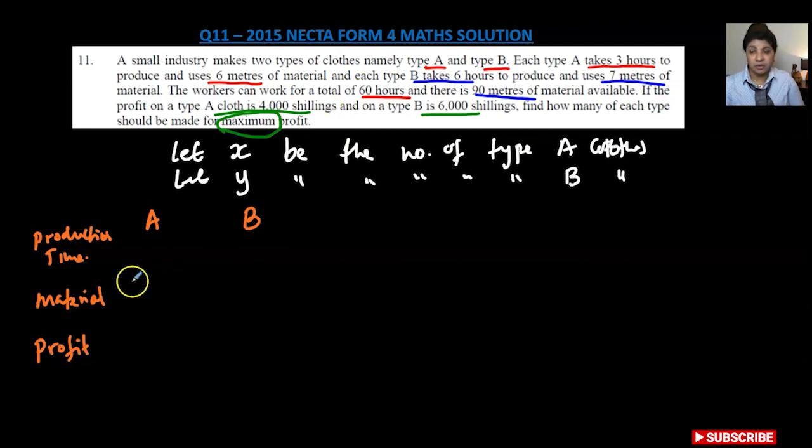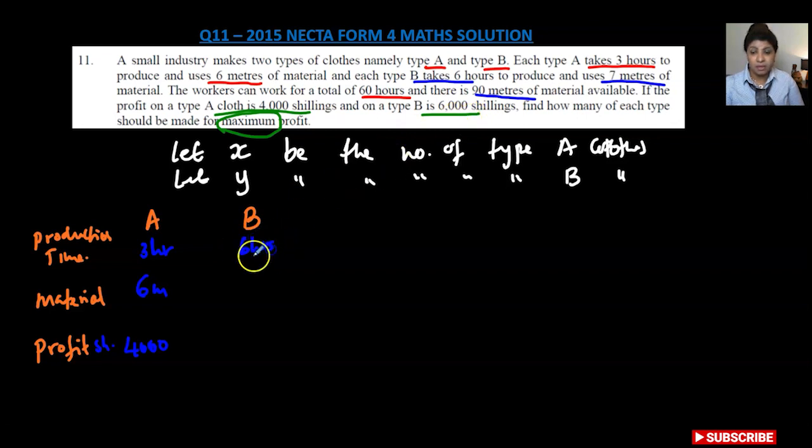For type A, it takes 3 hours to make, it uses 6 meters of material, and the profit for type A is 4,000 shillings. This is in shillings. Now let's go to type B. Type B takes 6 hours to make.